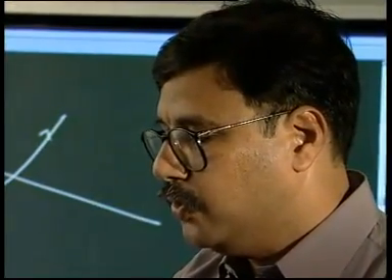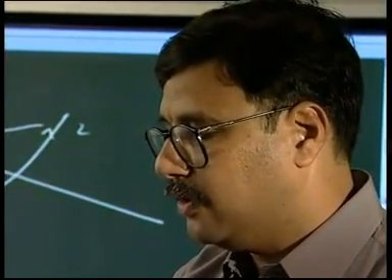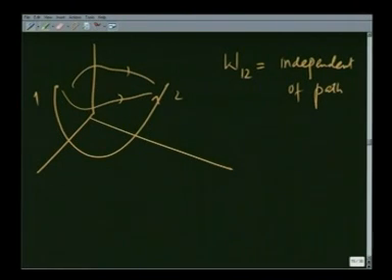That is, no matter which path I take, whether I go from 1 to 2 along this path or this path or this path, the work done from 1 to 2 is going to be independent of path. An example of this is the gravitational field, the work done when two charges move due to their Coulomb interaction.